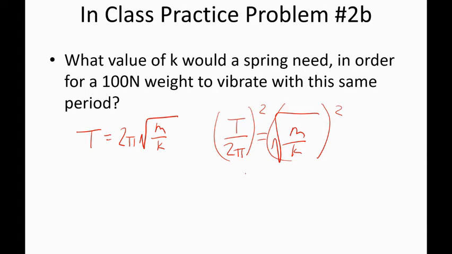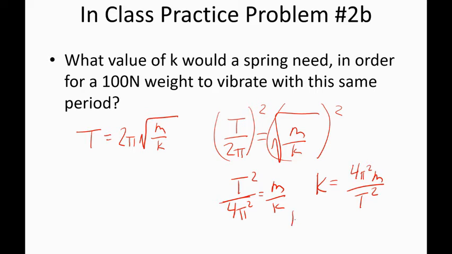Okay. Don't lose values here. So I have T squared over 4 pi squared equals m divided by K. I'm going to switch the position of my K and my T because I'm looking for the value of K. So I end up having K is equal to 4 pi squared m divided by T squared.